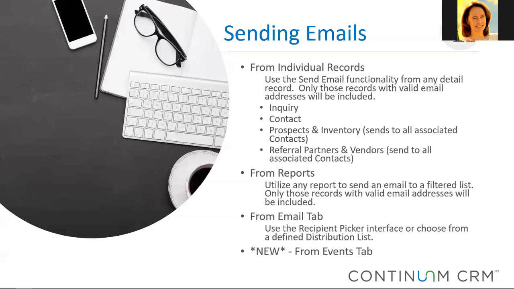Then we have the ability to send mass emails, which you're typically going to pull the recipient list together through a report. So you may build a report to pull all the prospects on your wait list, or build a report for everyone who attended a particular event.